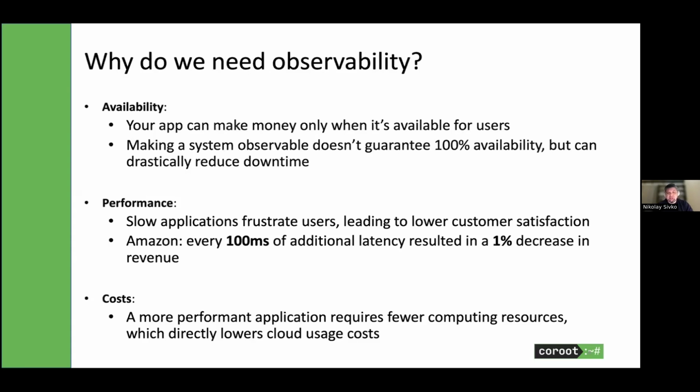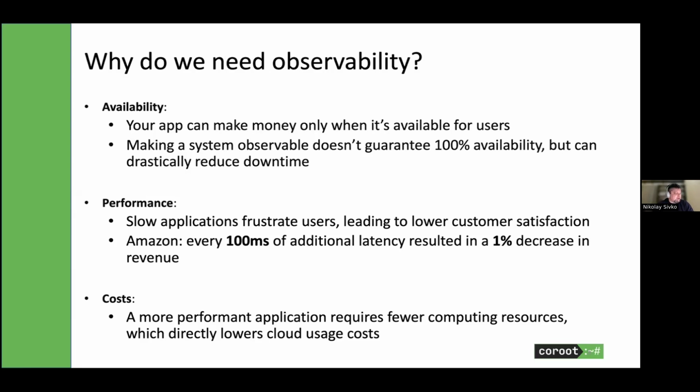And why do we need observability? The first reason is availability, because if we run our applications to earn money and our application is not available, we can't serve our users and we can't make any money. The next one is performance.